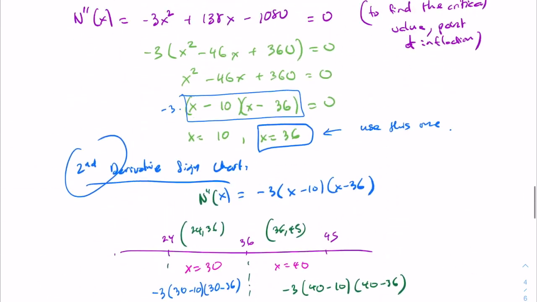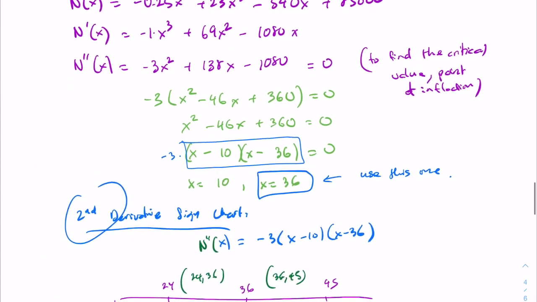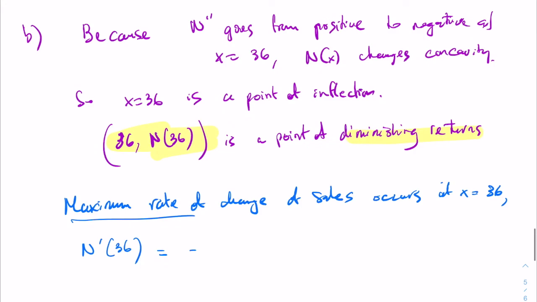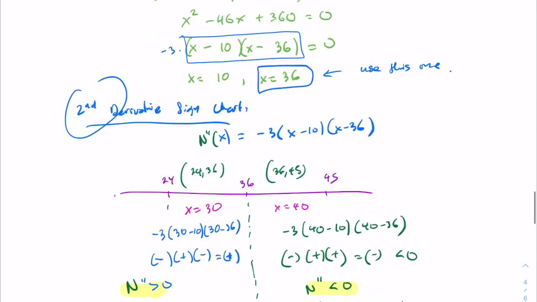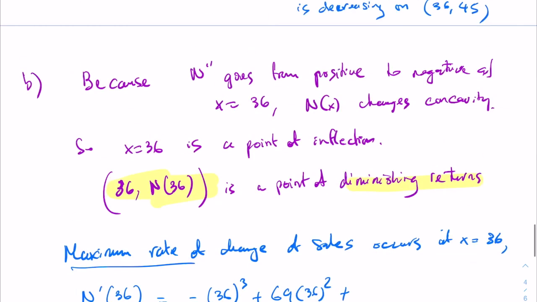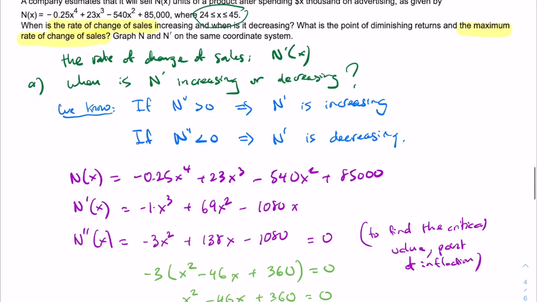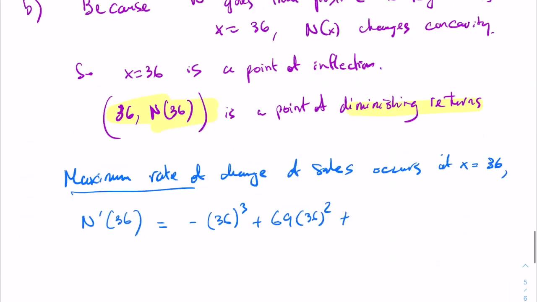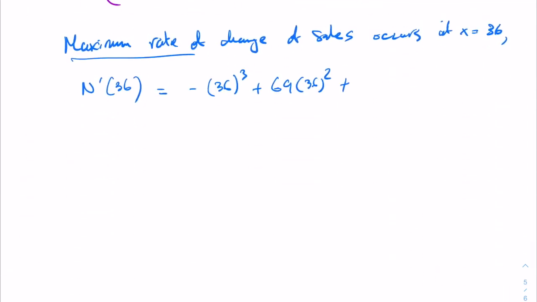And so that's going to be negative 36 to the third plus 69 times 36 squared minus 1080 times 36, and whatever that turns out to be, let's see what that would be here.